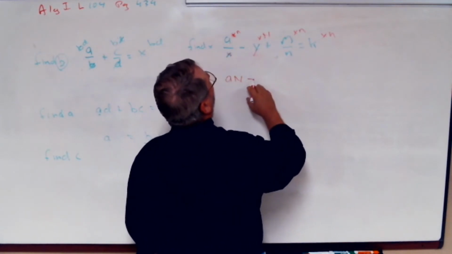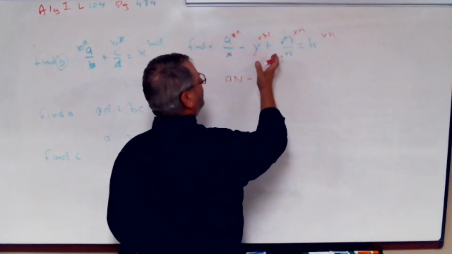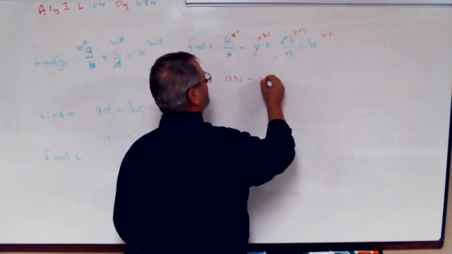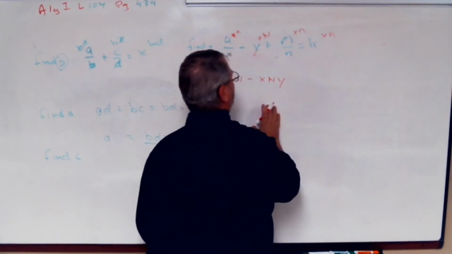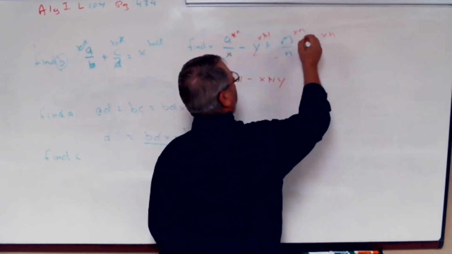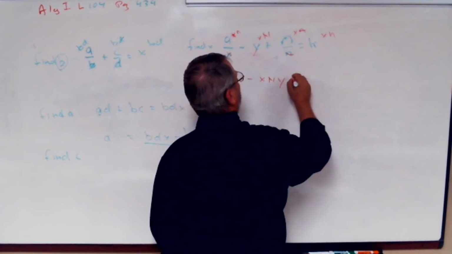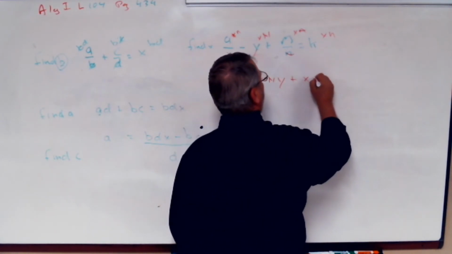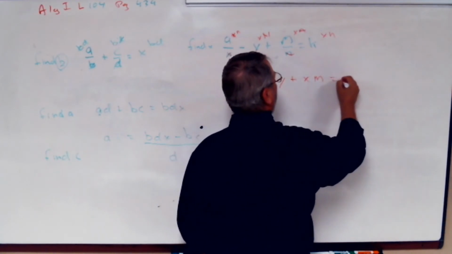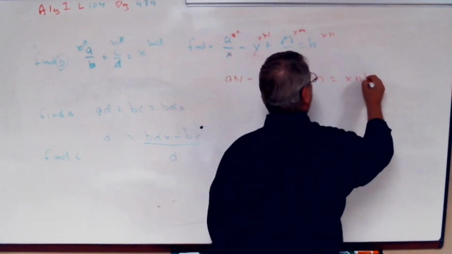Okay? xn. Nothing cross cancels here, so I have xny, nyx, however you want to do that. Doesn't matter. The n's cross cancel here, so we have plus xm equals xnk.